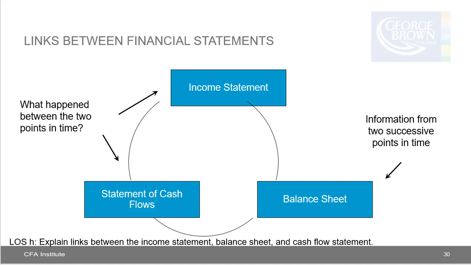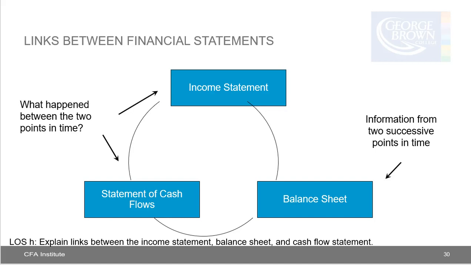In the case of ABC Company, the net income of $76 million, shown on the income statement, and the starting point of the cash flow statement, is separated into dividends paid to shareholders of $43 million, which is an outflow of cash on the cash flow statement, and an increase in retained earnings of $33 million, shown as an increase in retained earnings on the balance sheet between the end of 20X1 and the end of 20X2.